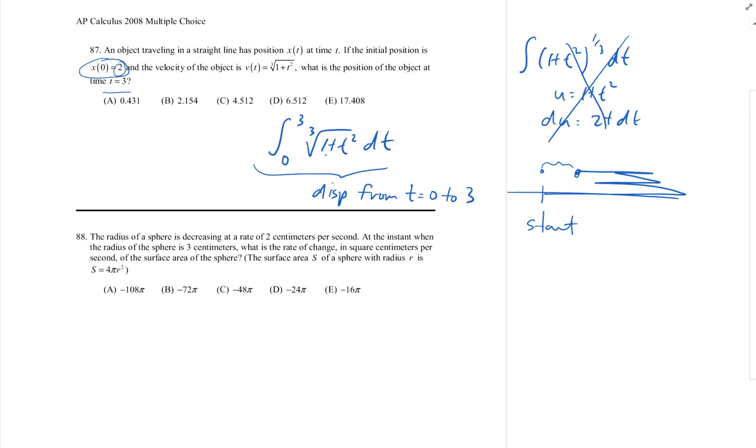FNINT, so math. I just want to make sure that you really get it. Cube root, so that's going to be the 1/3 power. Parentheses 1 plus x squared, raised to the 1/3, comma x, comma 0, 3.